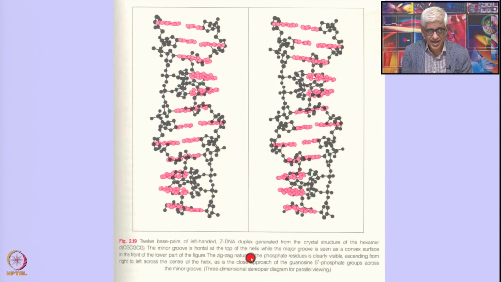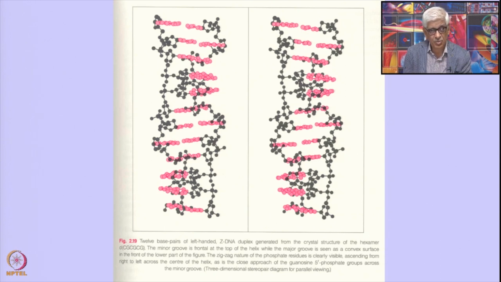This is called the zigzag nature of the phosphate residues that you can see. So, that is why it is called Z-DNA. It is zigzag in nature. It is not a proper helix as you can see in the case of B-DNA or A-DNA, but the dinucleotide is the repeating unit, unlike the mononucleotide which is the repeating unit in the A and B-DNA, and in the dinucleotide the two units have different structural features, and that is an important factor in how they become different.